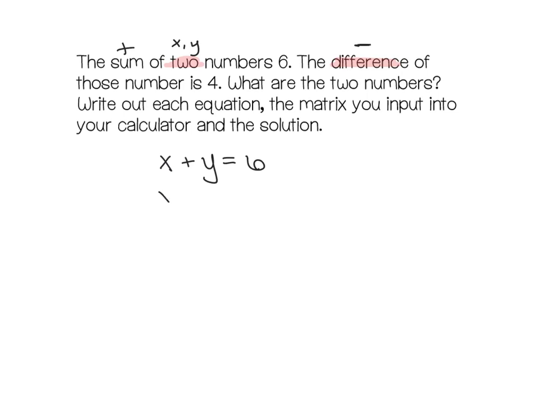So that would be x minus y is 4. It says, what are the 2 numbers? So now you're just going to put this into the calculator. It says write out each equation. We did that. The matrix you input into your calculator. And so take a second to write out your matrix.